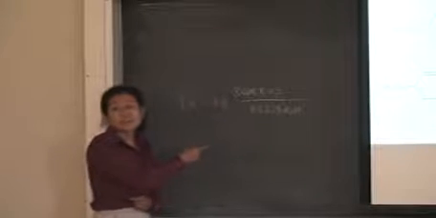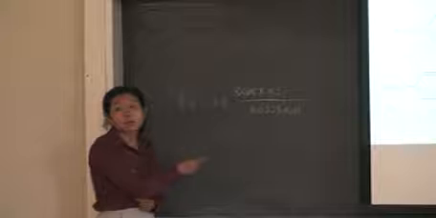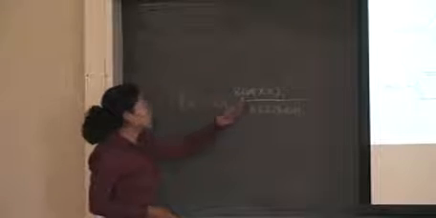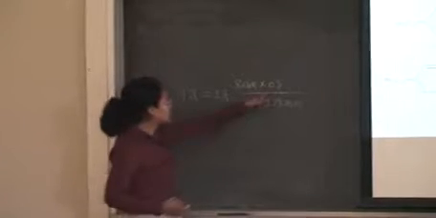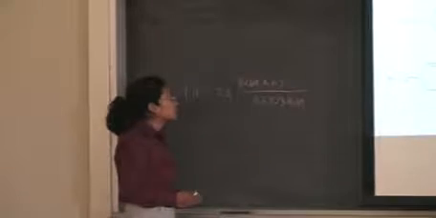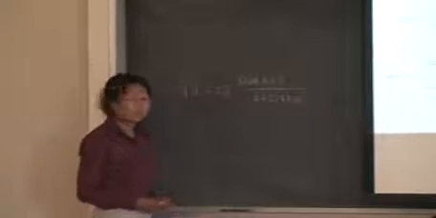The wavelength is 632 nanometers, and for this cell gap 8 micron, for example, the birefringence of the liquid crystal is 0.3. Then what phase change can we get?